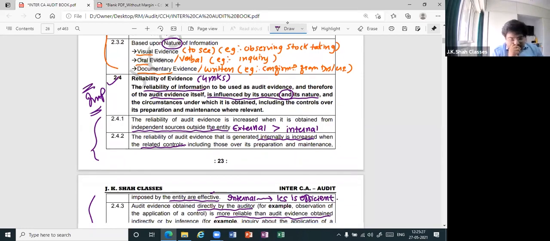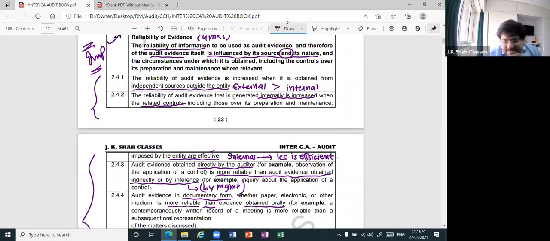Third, audit evidence obtained directly by the auditor is more reliable than that obtained from the management. This is simple, yeah. Audit evidence obtained by the auditor himself is more reliable than that obtained from the management or entity.